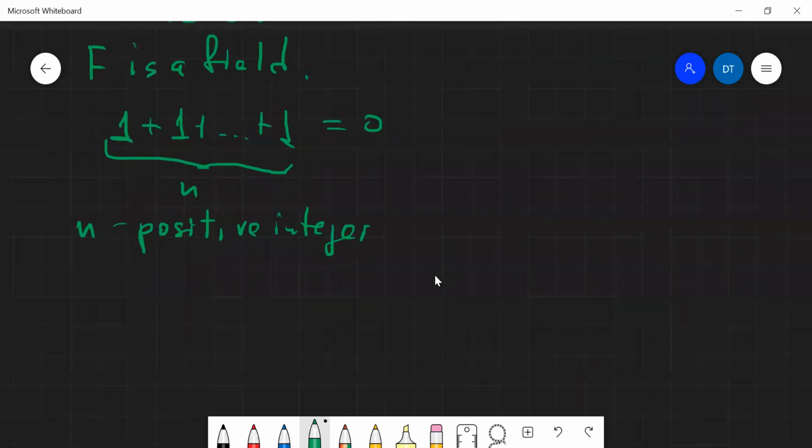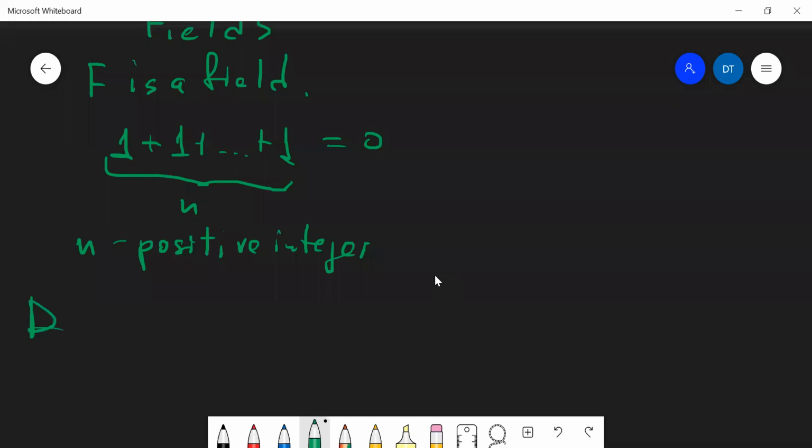So let me define the characteristic of a field as follows, the definition. So F is a field.